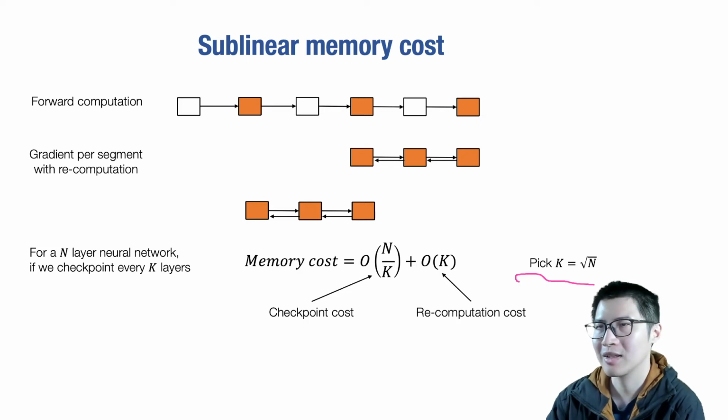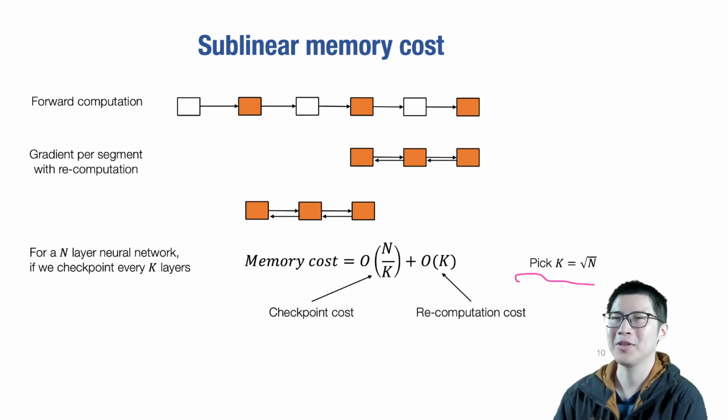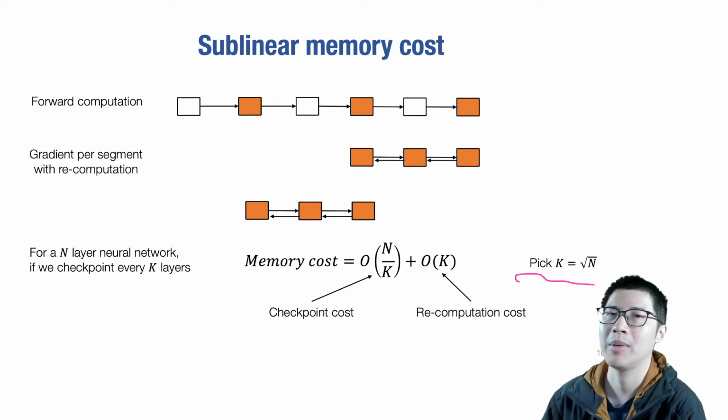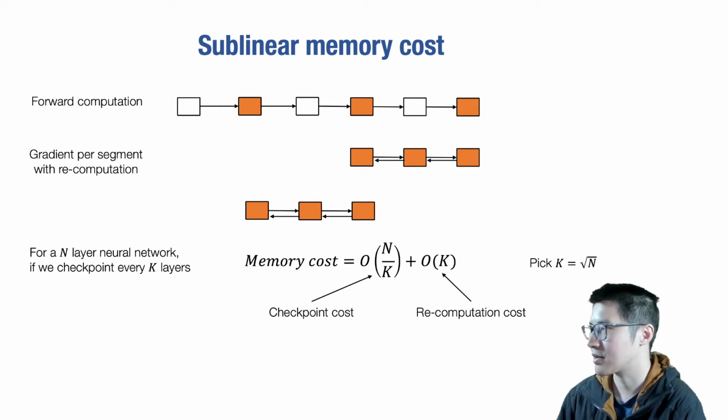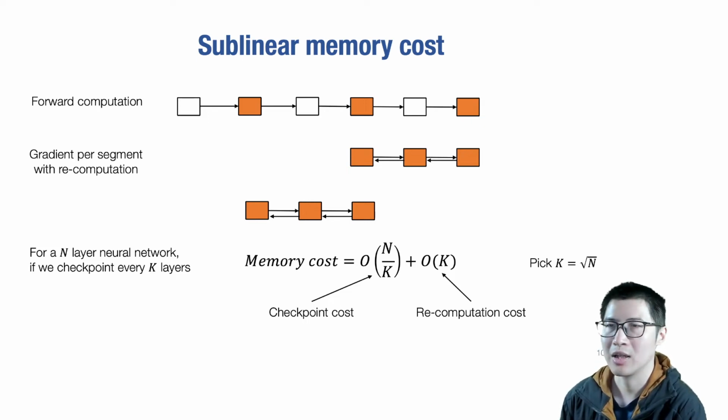In those cases, likely you wouldn't be able to get a square root of n sublinear memory saving, but still going to be a very significant amount of memory saving that you're going to get in this overall process. There are also a lot of follow-up works on how you can effectively use such kind of gradient checkpointing, or another way they call it rematerialization technique, to be able to get a more memory efficient training process.